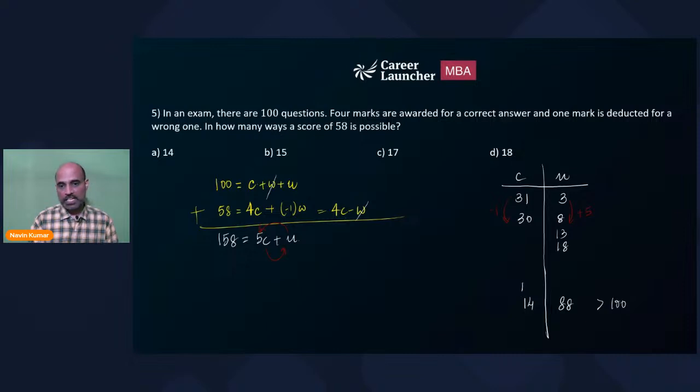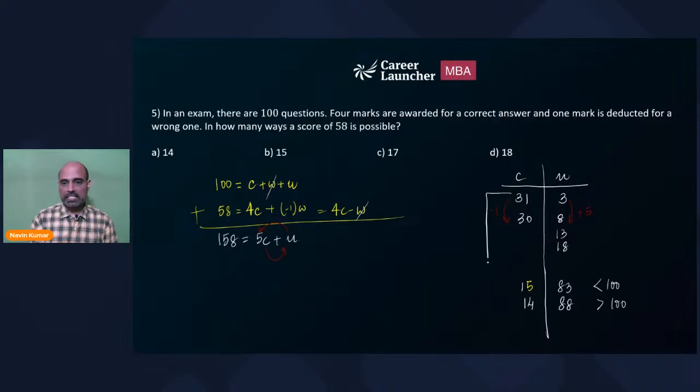Okay, what if C was 13? If C was 13, this would have been 83. Sorry, not 13, 15, because it is decreasing by 1, right? So 15 and 83. 83 plus 15 is less than 100.